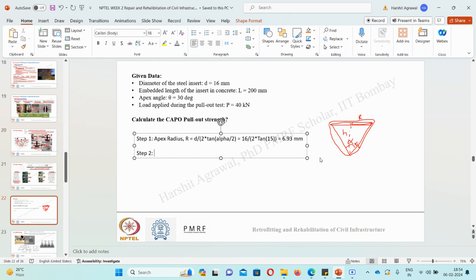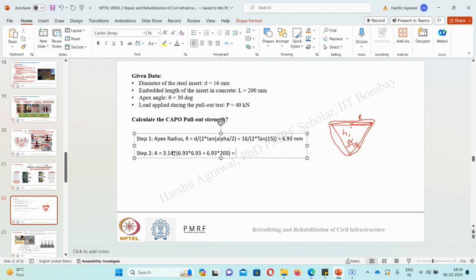Now once we know the apex radius, we can calculate the area. The area will be the area of the circle on top, that is pi r square, and the slant area, which is nothing but pi r times L. So the area of the insert A will be given by 3.14 times r square, 6.93 times 6.93, plus pi r times L, 6.93 times 200.